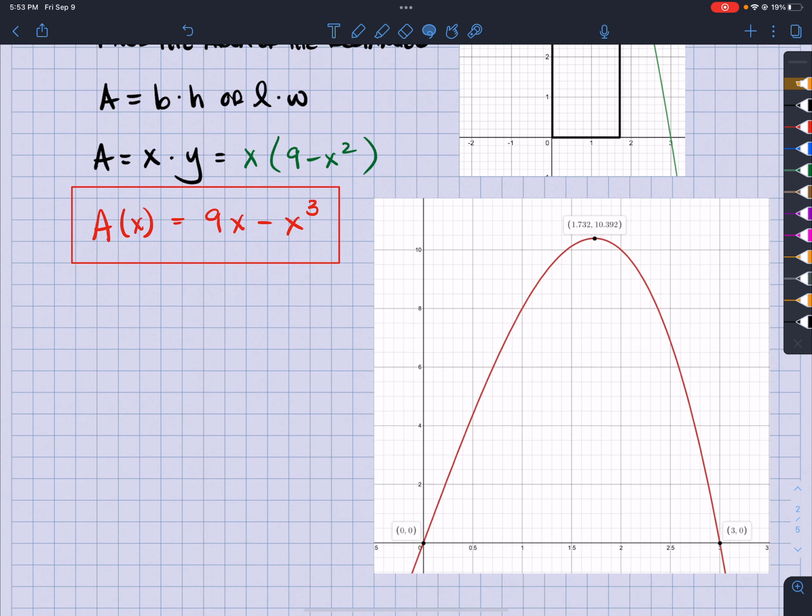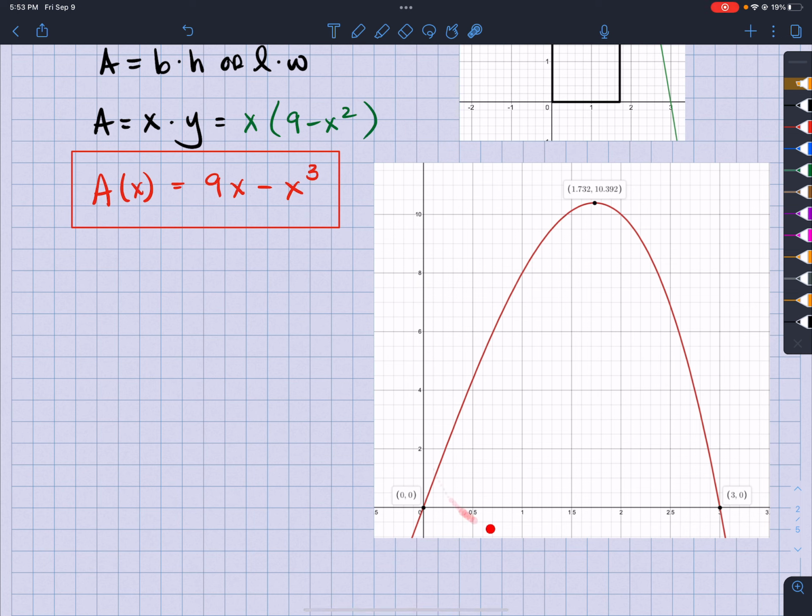When we graph it, this is the function we actually get. Look, it's kind of like an upside down parabola, but this side of it is going to keep on going. However, when you look at this, this is my maximum point, meaning my y-axis right now is really my area.